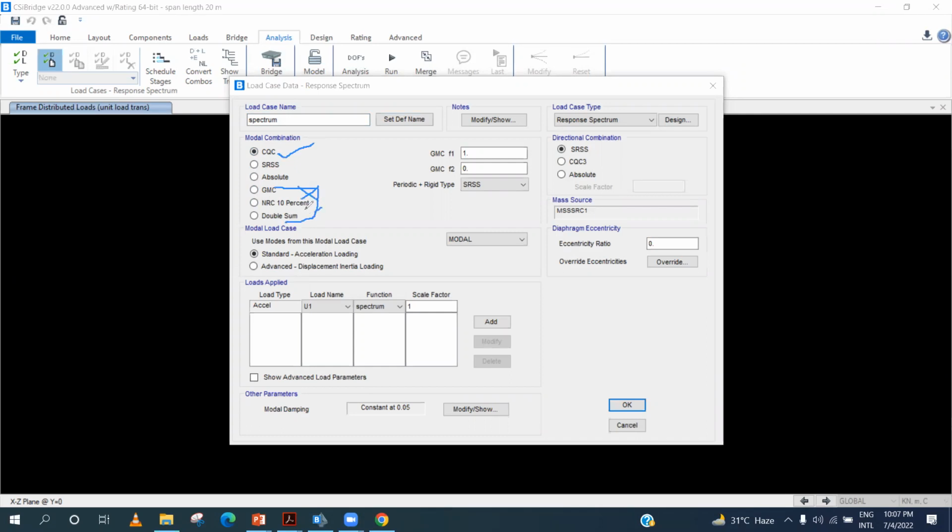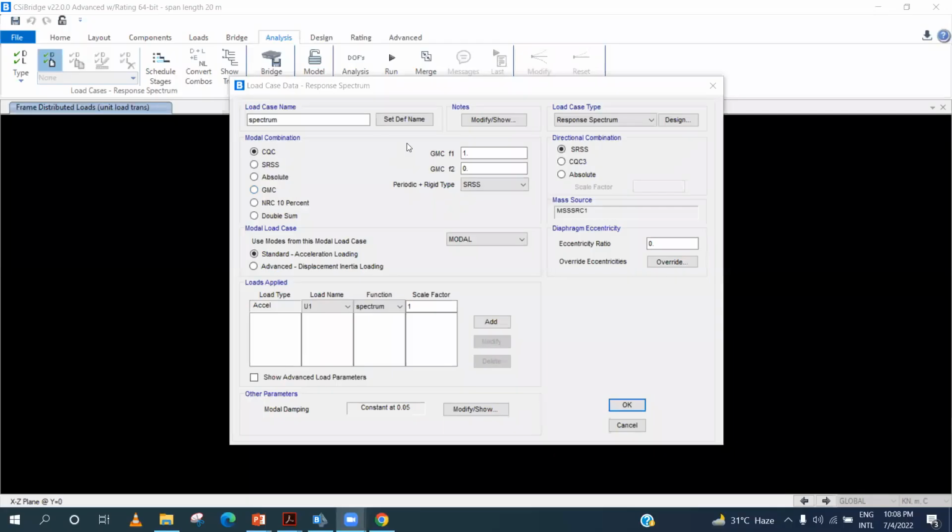These three combinations are not used in the AASHTO. So we just have these three combinations, and we will use the CQC method. CQC is the recommended one for modal combination. For the response of modal combination, either it will be the velocity, acceleration, or displacement. You can combine all these different types using either of these three.